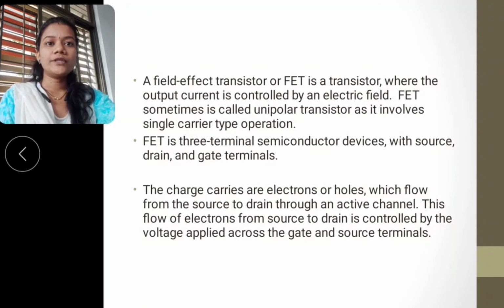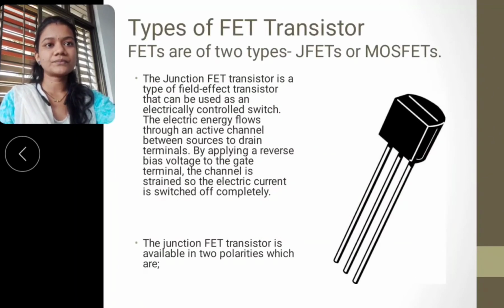This flow is controlled by the voltage applied across the gate to source terminal. When we see the operation of the FET, at that time we will understand this. So yes, this is nothing but your FET.